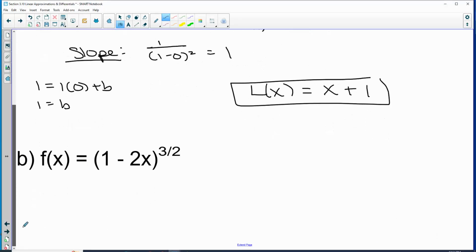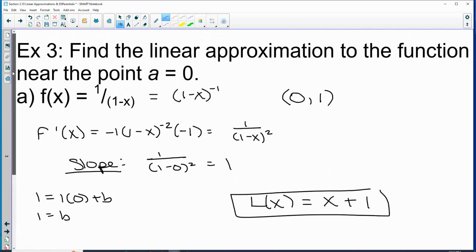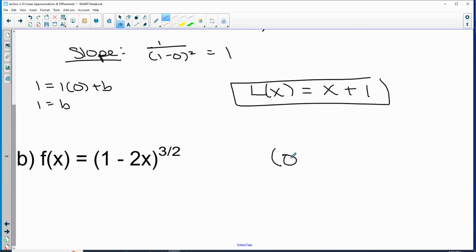Alright, so our point, what did you get, Grant? It told us at the beginning that a was 0. If you plug 0 in here, we get 1. Our derivative would be 3 halves, 1 minus 2x, subtract 1 from the power, so 1 half. Derivative of the inside is negative 2.